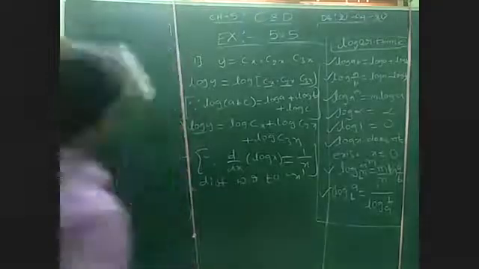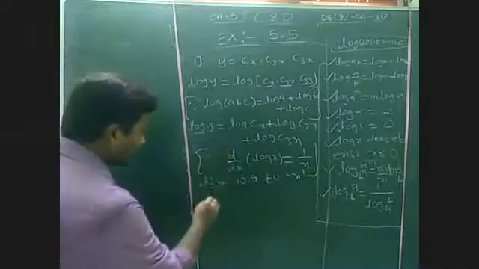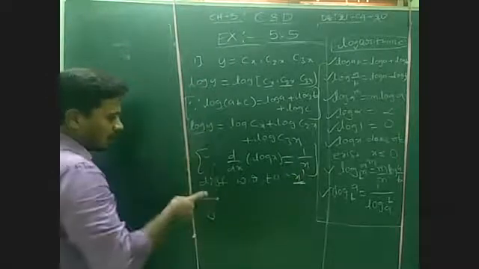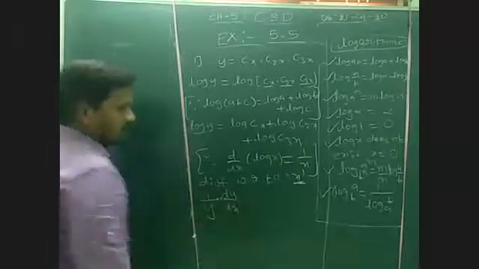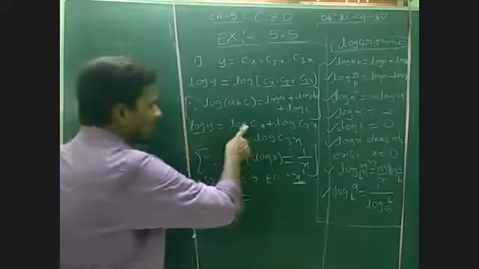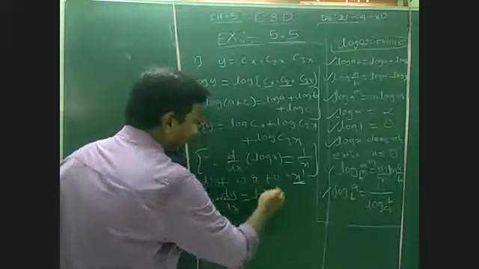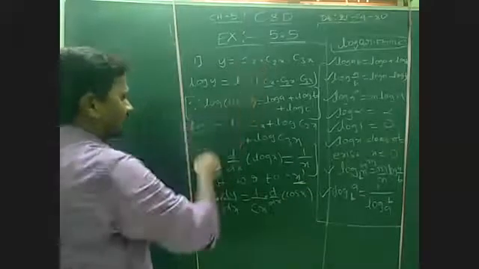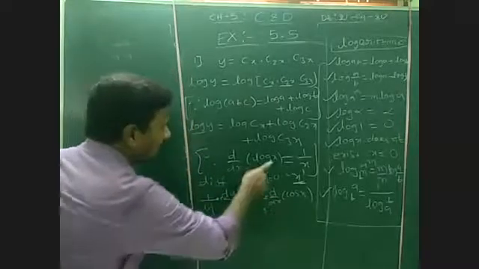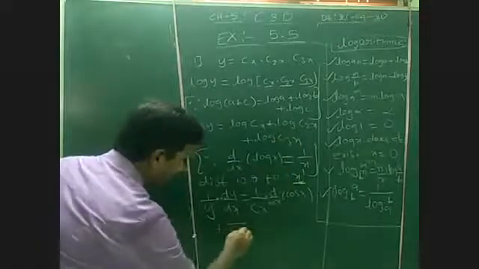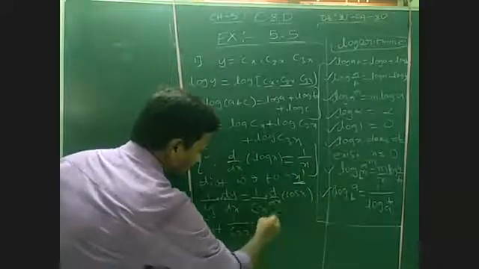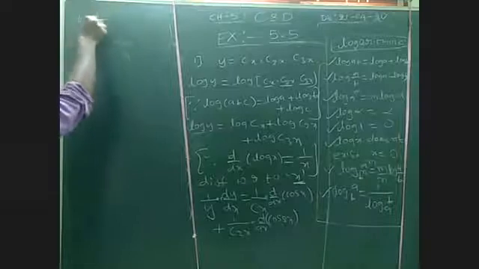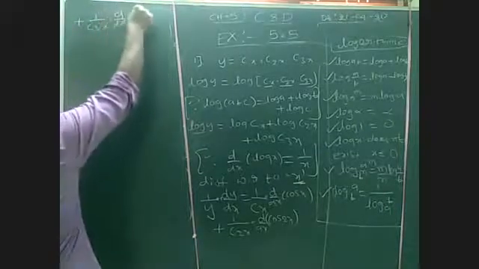So what is the answer we will get? Derivative of log y is 1 by y, times dy by dx, is equal to 1 by cos x times d by dx of cos x, plus 1 by cos 2x into the derivative of cos 2x, plus 1 by cos 3x into d by dx of cos 3x. Actually, we will write the direct answer also after this, but anyway.